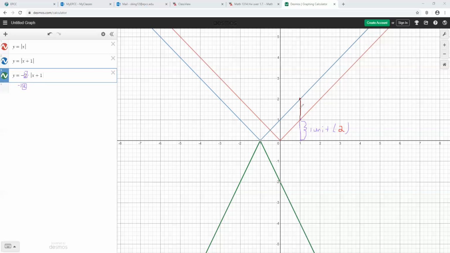And if you reflect it over the x-axis, instead of being 2 units up, it's going to be 2 units what? Down. That is what this multiply -2 is doing to the graph.